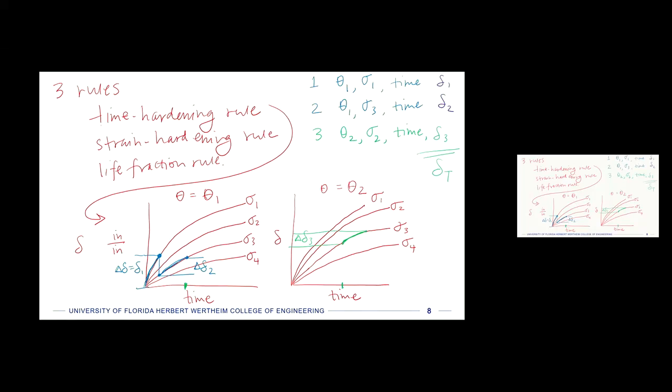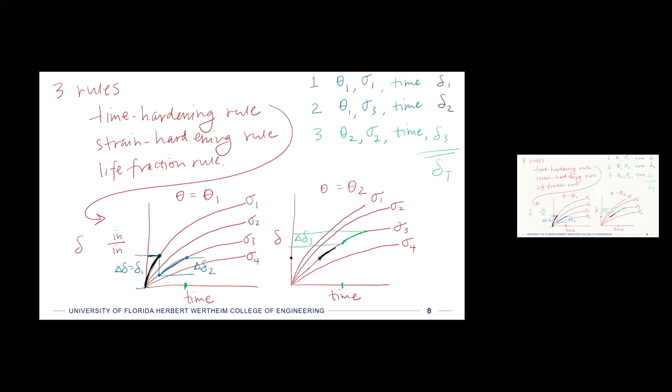And so I'm not going to draw up a second set of plots, but you could see that if I go to a different color, say black, and we went to our first phase again, and we went up to here, then we would be at delta 1. And if we were using the strain hardening rule, we would go to that same delta 1 level over here, and then we'd go to here and say, oh, we're there for this amount of time, right?